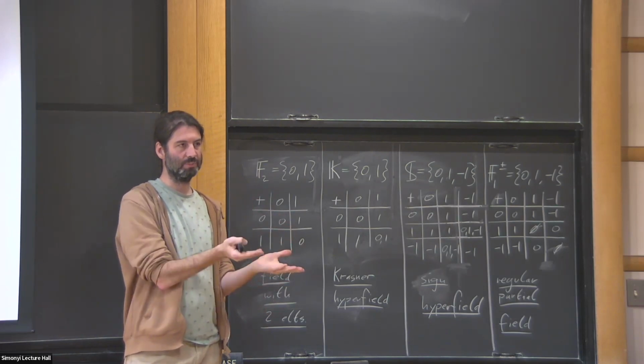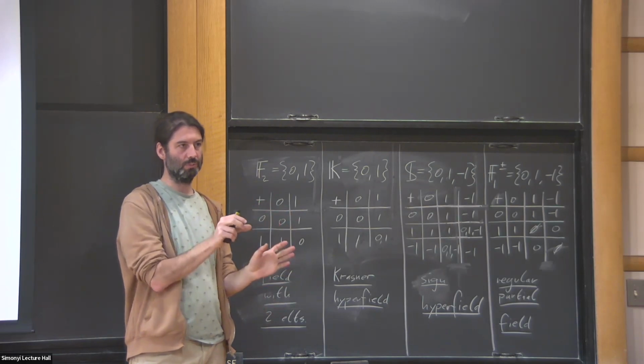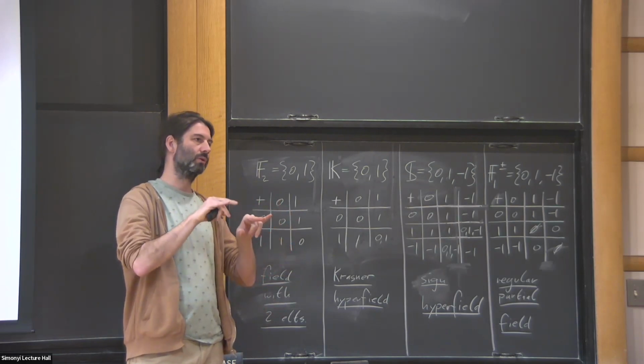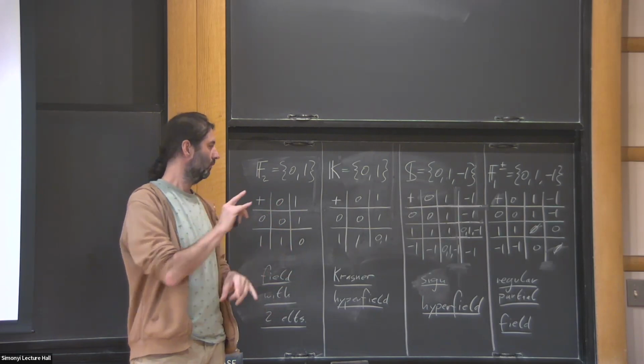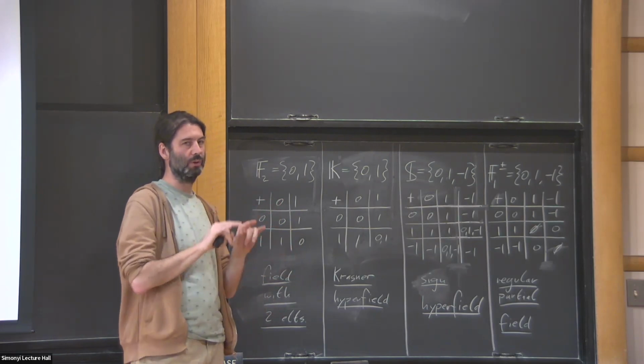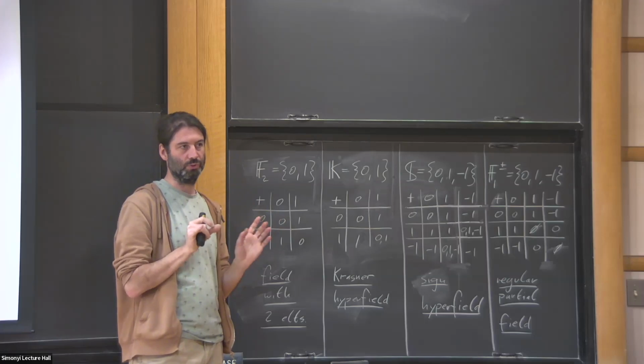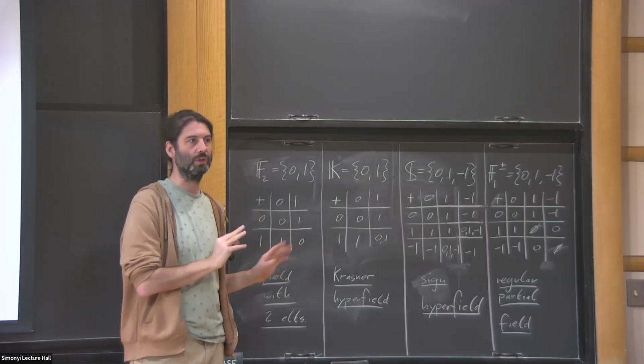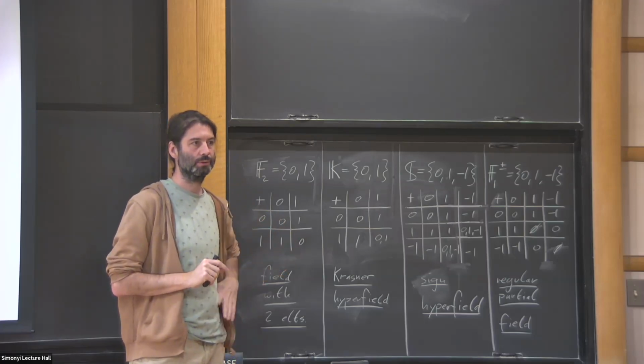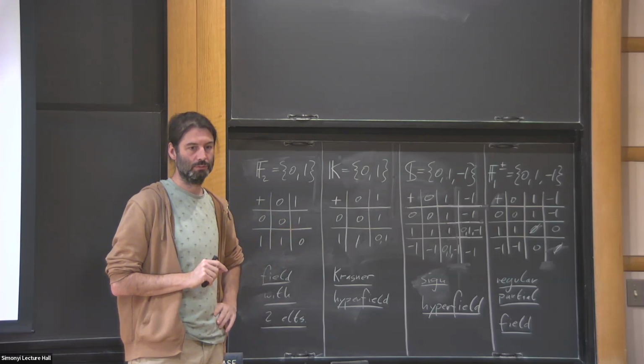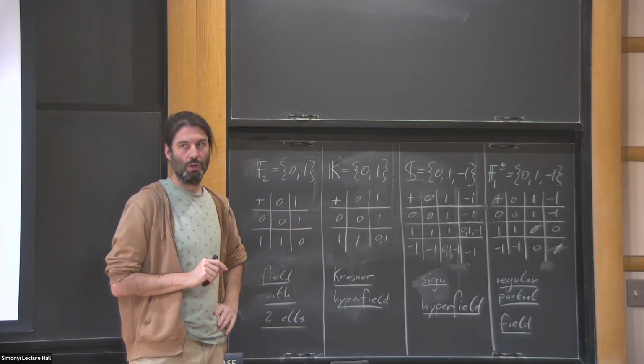Yeah. Subset plus subset means the union over all pairwise combinations. And then you perform it according to the parentheses. But for the Krasner hyperfield, it turns out that it doesn't matter how you put the parentheses. For other hyperfields, it matters. That's because you forget about the multiplicity. But here you have the multiplicity.